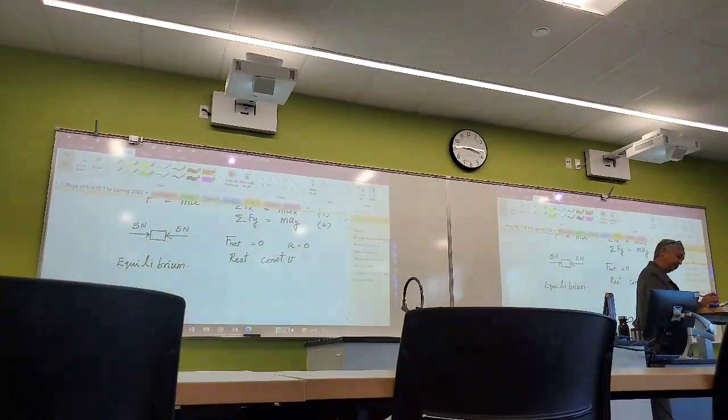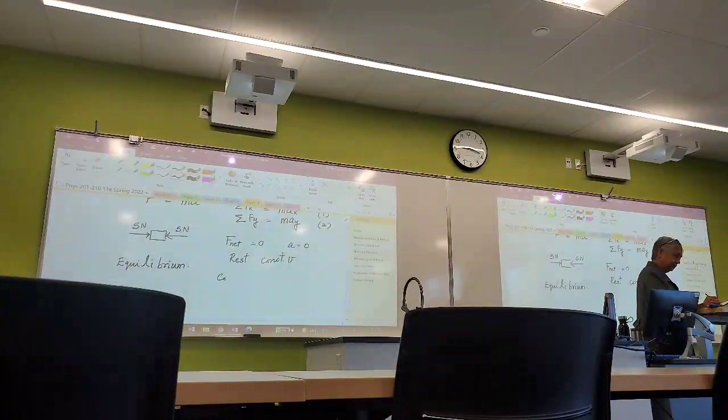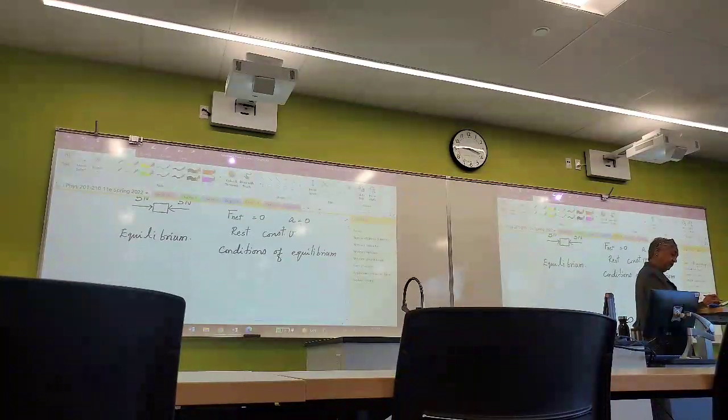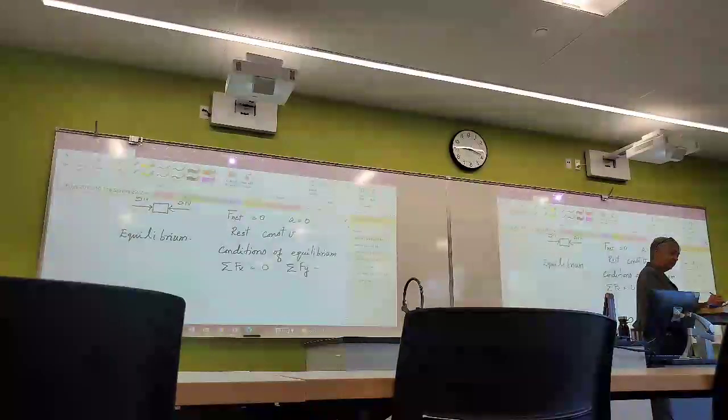So what are the conditions for equilibrium? Under what condition will the object be in equilibrium? For the equilibrium condition, these are the two equations we use. The sum of all the forces in x is 0, and the sum of all the forces in y is 0.